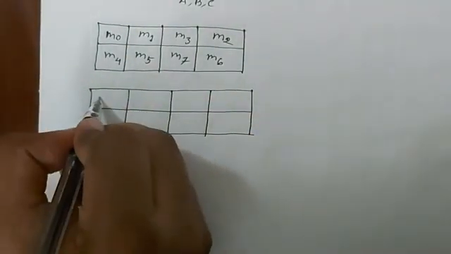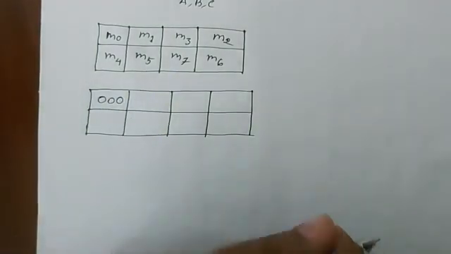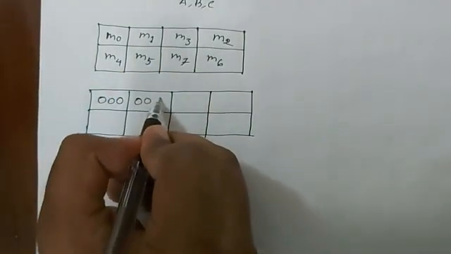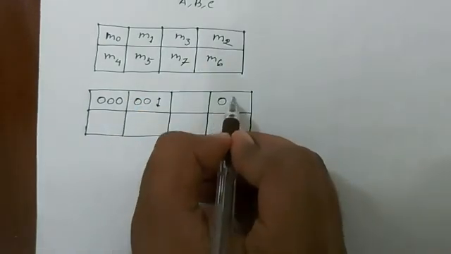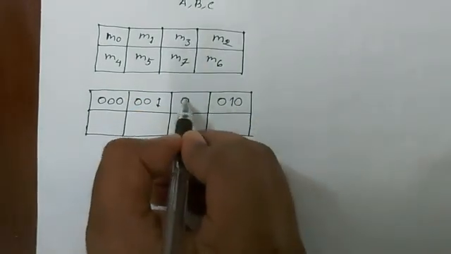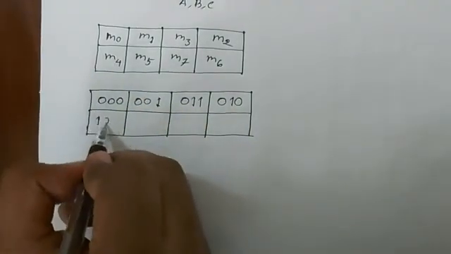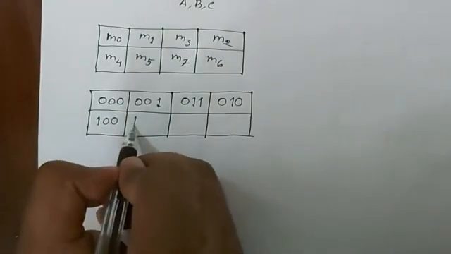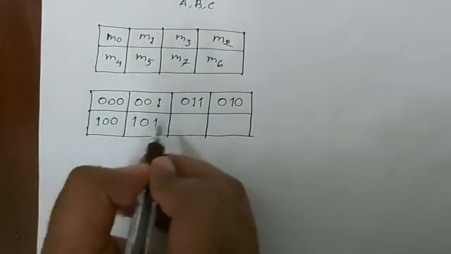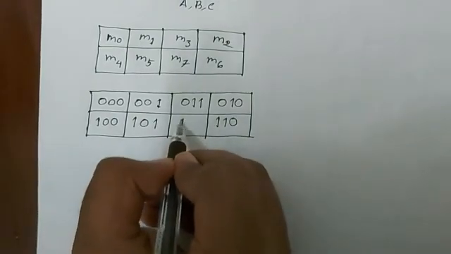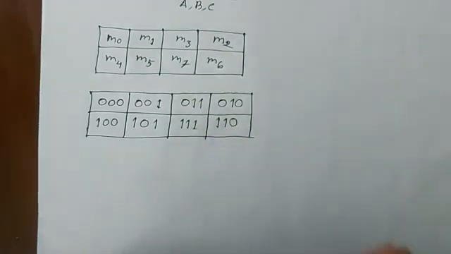M0 comes from 0, 0, 0, right? M1 comes from 0, 0, 1, 2 is 0, 1, 0, 3 is 0, 1, 1, 4 is 1, 0, 0, 5 is 1, 0, 1, 6 is 1, 1, 0, and 7 is 1, 1, 1, right?